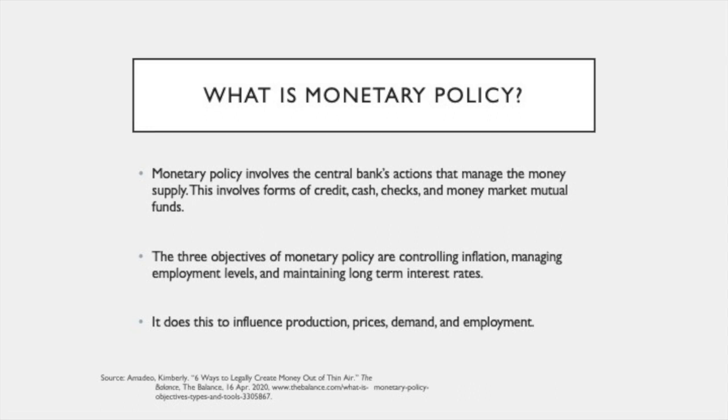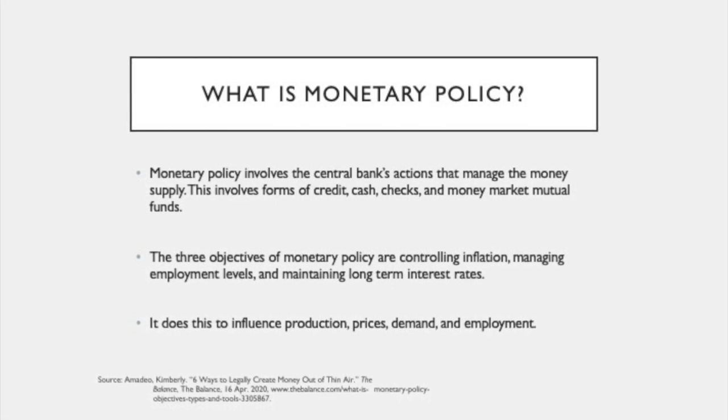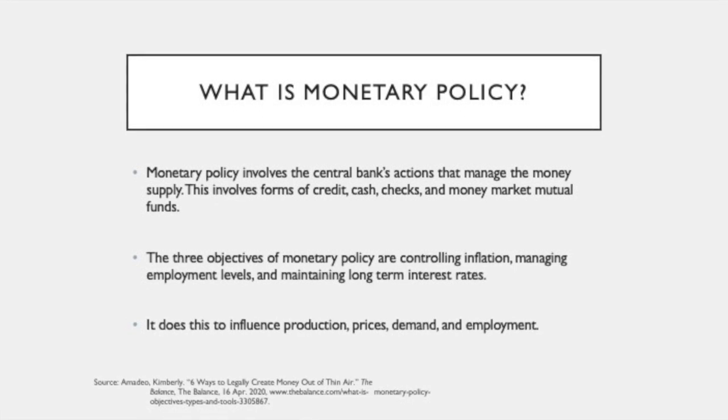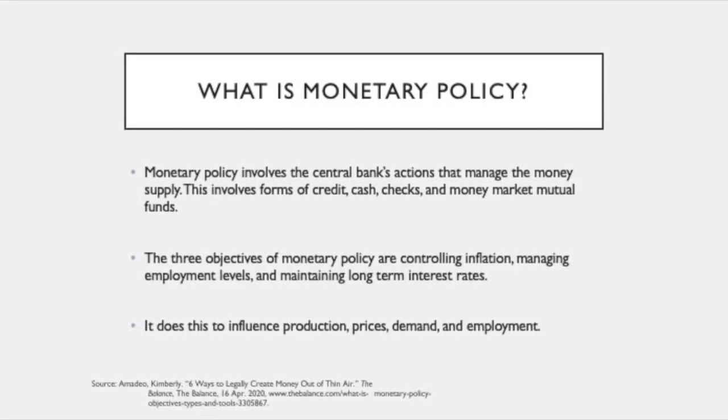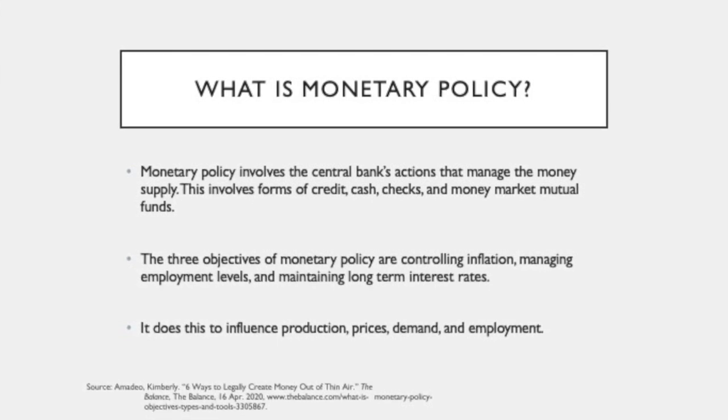By far and away, the biggest impact that the central bank has on the economy in the U.S. is their monetary policy. And their monetary policy involves the central bank's actions that manage the money supply. This involves forms of credit, cash, checks, and money market mutual funds.